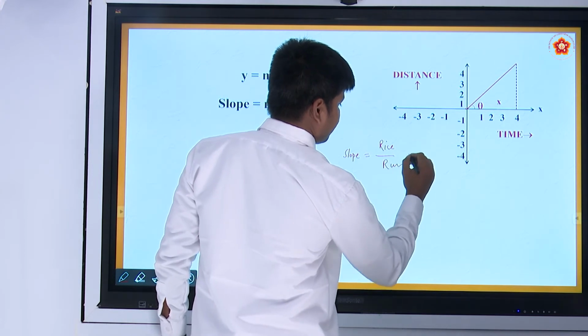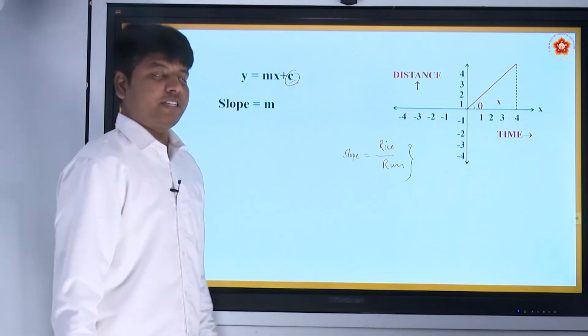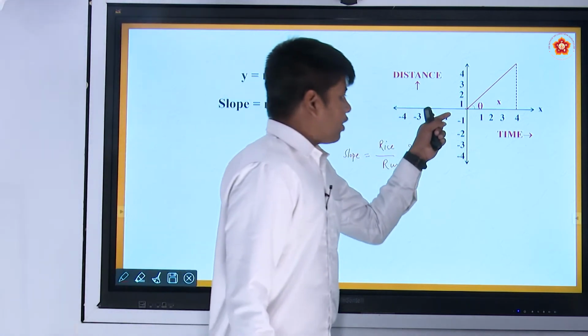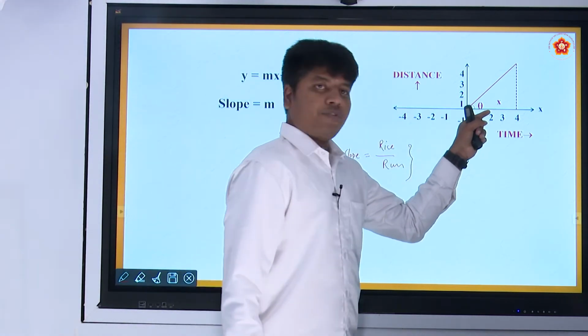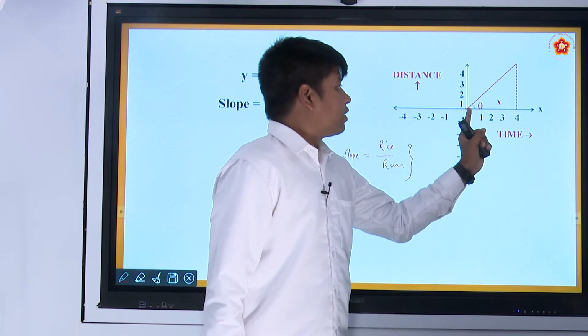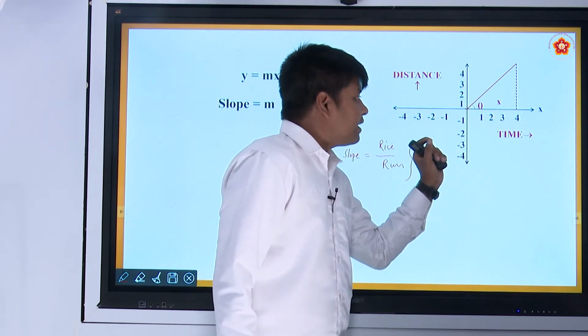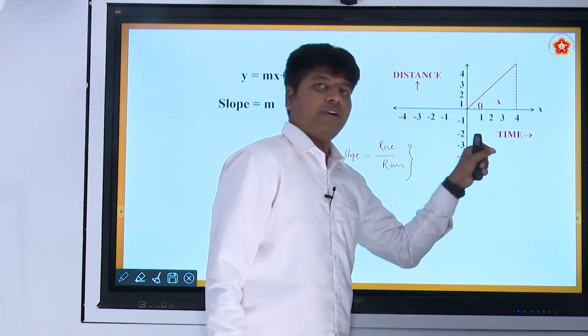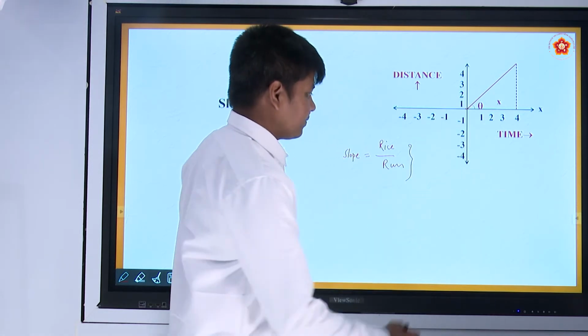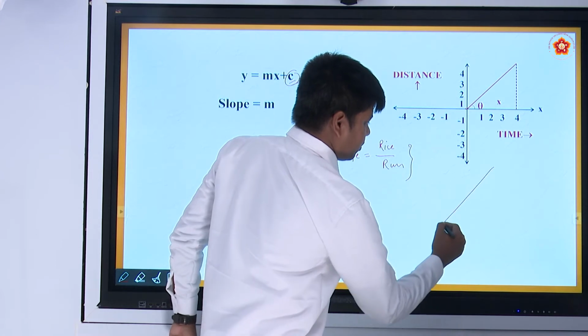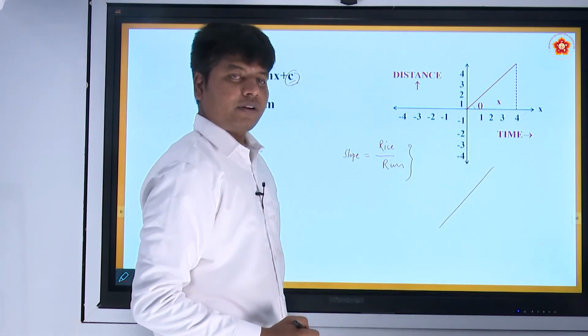This is the informal definition. So along the time you are moving forward, and the distance is also increasing. So how much rise am I getting if I am moving forward? There is a hill. You are going up the hill.